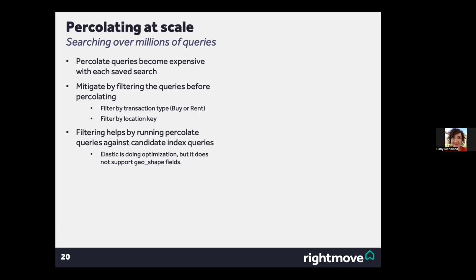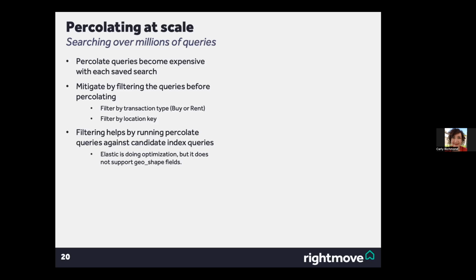So we try to do some optimizations, and whenever it comes to optimizations, we always find what the strongest point of Elastic is. The strongest point of Elastic is doing text searches, right? So why not use text search to filter down the number of Percolator queries that we are trying to match against, and then actually run the Percolator queries. We use two kinds of filters here.